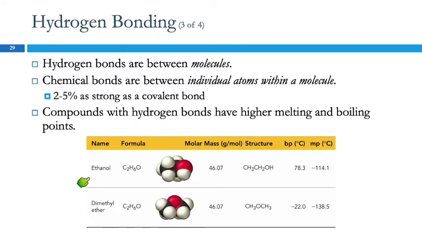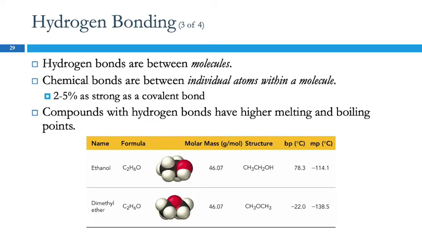so compounds with hydrogen bonding, here we have ethanol. We got this oxygen-hydrogen bond here. Dimethyl ether, same chemical formula. This is, well, kind of polar. It is a little bit polar, but the oxygen here is bonded to carbons.